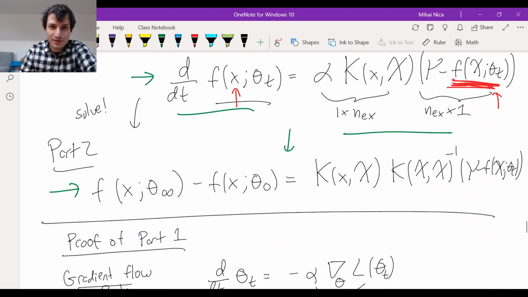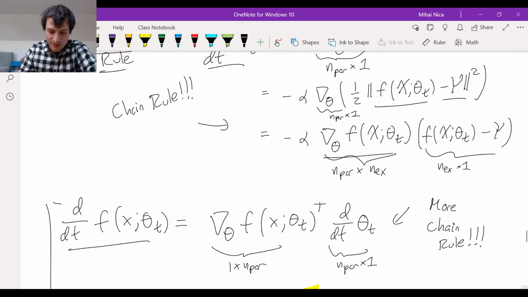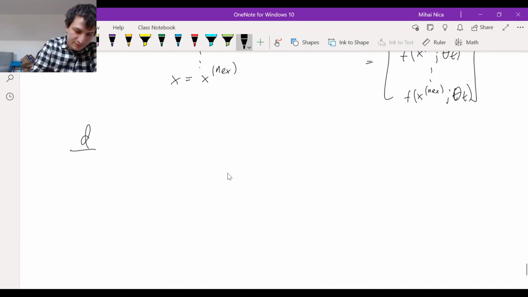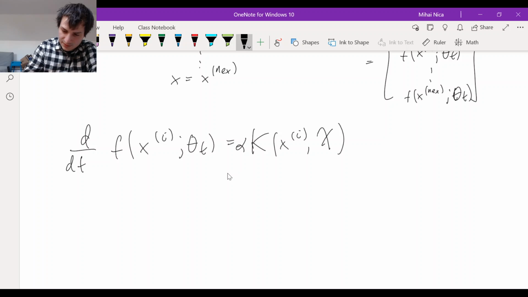So let's go back to the equation, scroll up. The derivative is alpha k times the thing. Okay, so what we're going to have, the derivative of f of xi theta t is going to be k of xi, alpha k of x, times f of x theta t minus y.